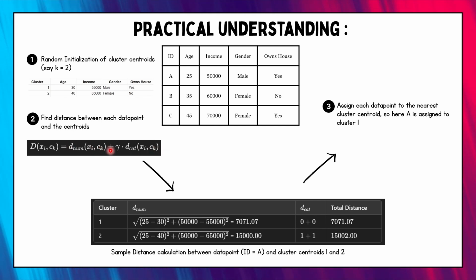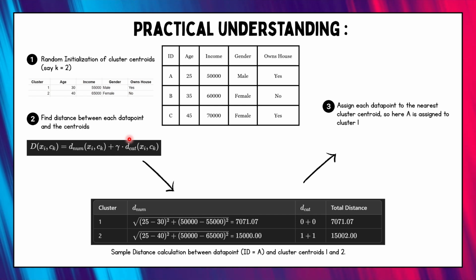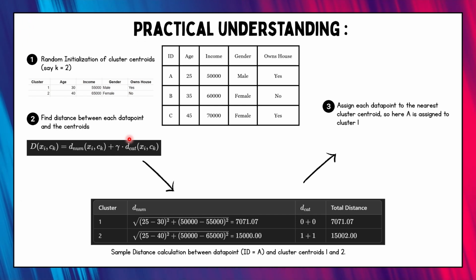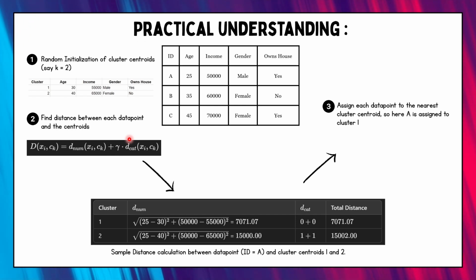We combine them by simply adding them up, and we also introduce this hyperparameter gamma, which we can assign any kind of value based on what kind of importance we want to give to the categorical columns. By default we keep it as 1, and I'll show you how you can assign gamma in the hands-on session.